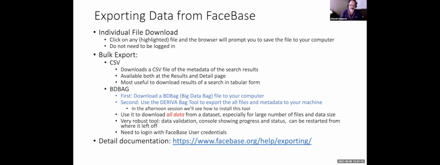It will automatically do the validation of the files to make sure that the files didn't get corrupted during transferring or anything like that. So it's a very robust way of downloading data, especially with some of these data sets that can have hundreds of very large files.